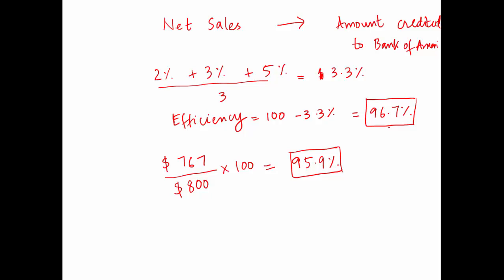This number is only dependent on your percent charges. It does not take into account the total amount that John, Tim, and Sarah spent. This amount, 95.9%, takes into account the total amount that each person spent in addition to the percent charges. So I think this number is more informative, so it makes more sense to use this number.